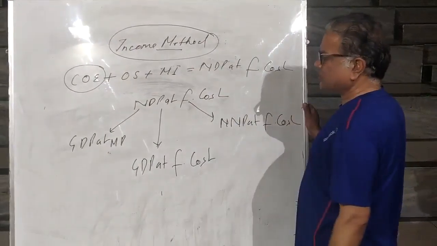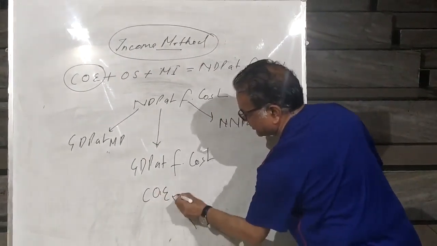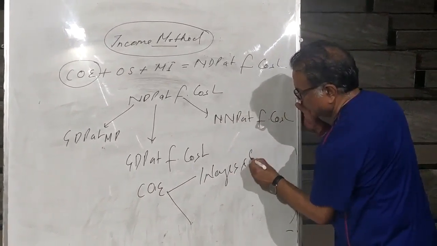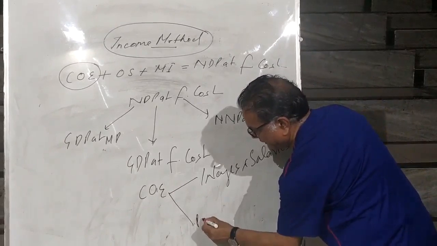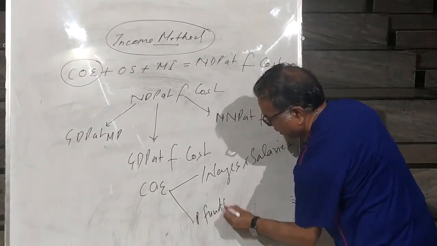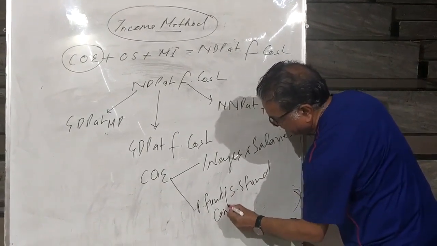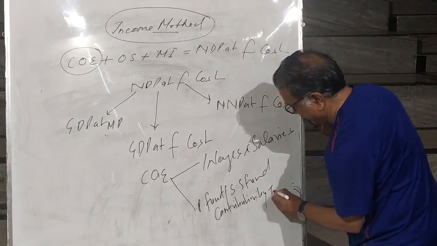If you have not been given COE as an item, then you will be given the two components of COE. One is called wages and salaries. Another is called provident fund, or we call it social security fund contribution by employer.